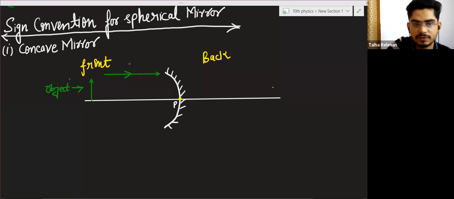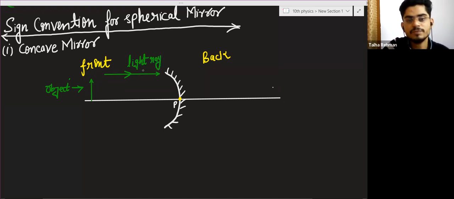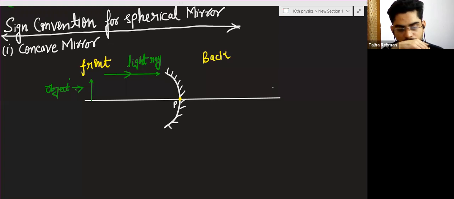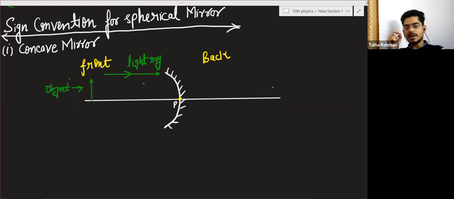The light ray is going in this direction, and obviously it comes from the object.